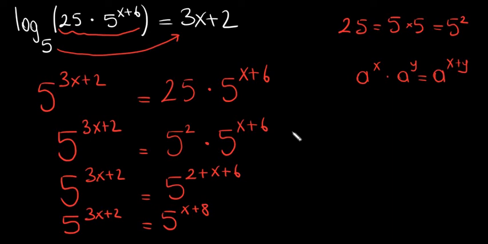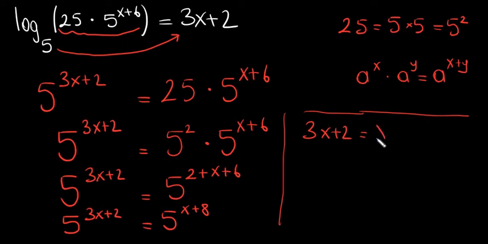I'm going to continue my solution right over here. I'm going to use this space to continue the solution. If the bases are the same, the exponents must be the same. So 3x plus 2 is going to be equal to x plus 8.